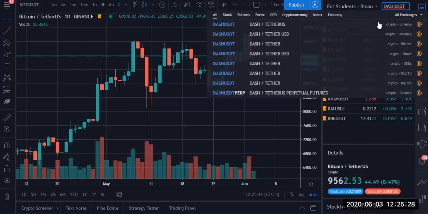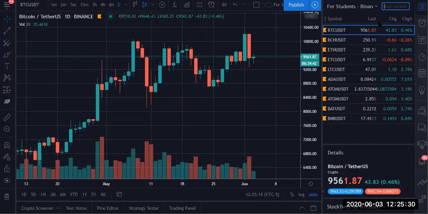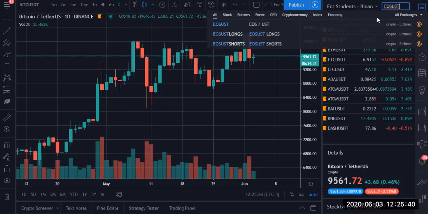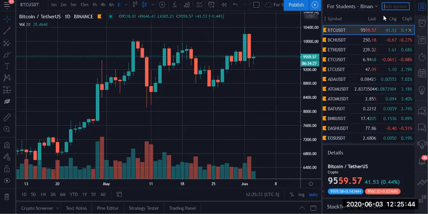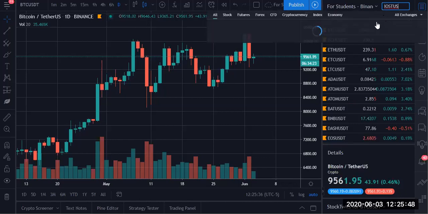Remember, it's not USD. It's not BUSD. We're using Tether because that's where futures are traded off of. EOSUSDT. Bam. IOSTUSDT. And we're just going to set it up just like this.